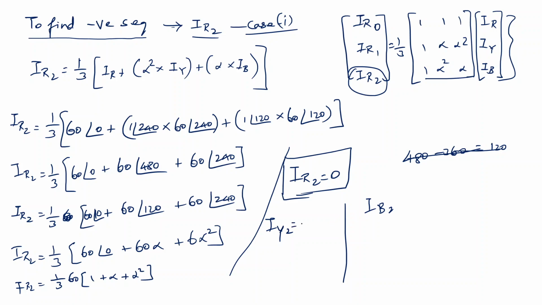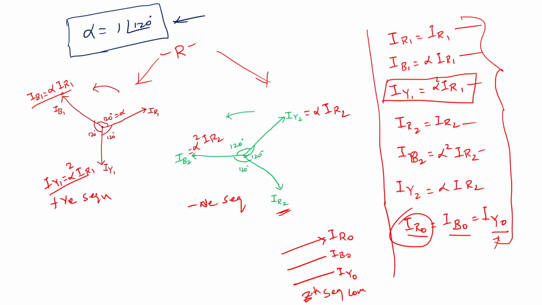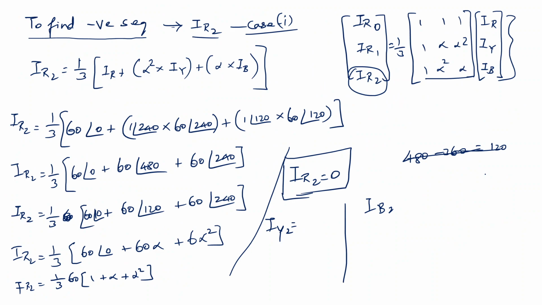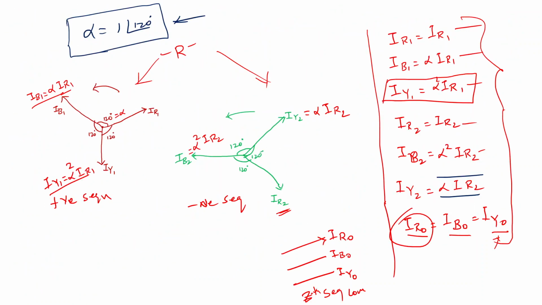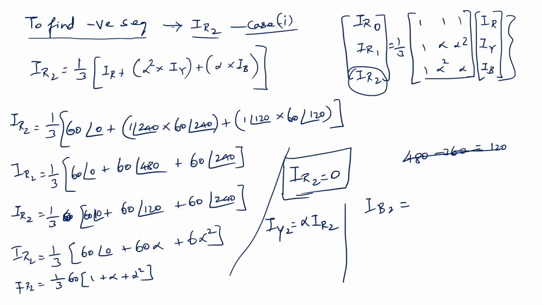So we also know the IY2 formula: IY2 is alpha IR2, correct? And IB2 is alpha square IR2.